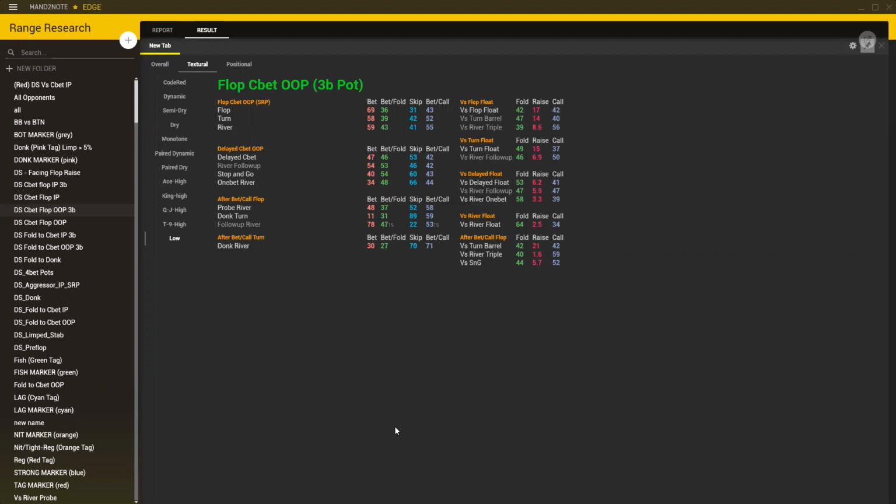But if it's queen high and above, that's danger territory for firing a float bet. The problem we have there is that the range of the checker, the player that skipped their c-bet OOP in a 3-bet pot, their range is too strong on boards with a queen, king, and an ace. It's going to be a whole bunch of mid pairs, like weak top pairs, slow plays where villain's worried about the card removal effects of his top set, stuff like that.